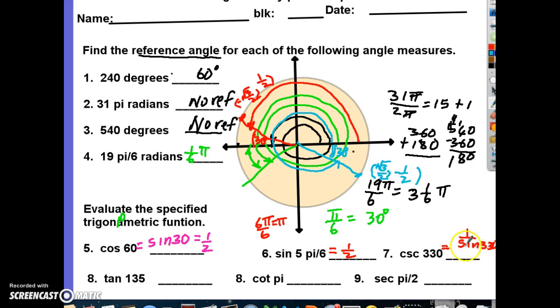So the sine of 330 would be the y coordinate. So here it is. It would be 1 over negative 1/2, which is 1 times negative 2 over 1. So this would be a negative 2.